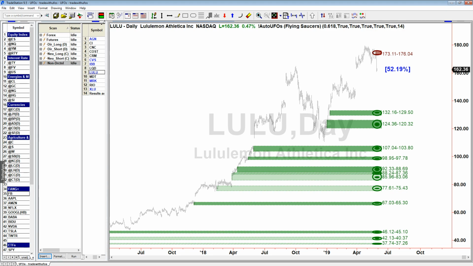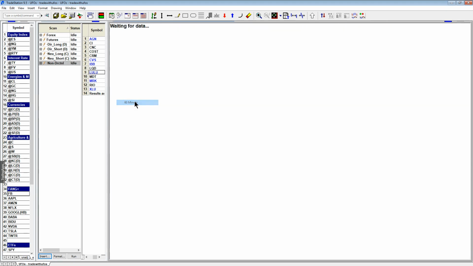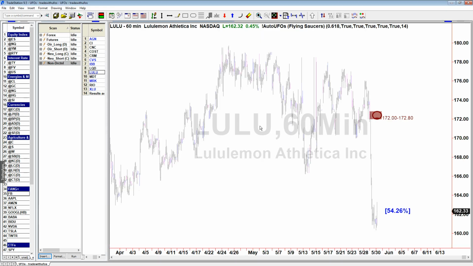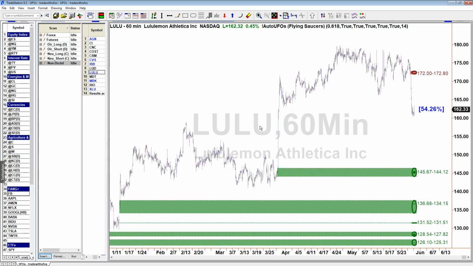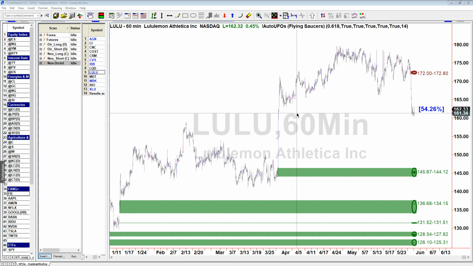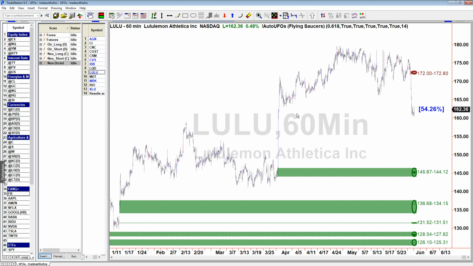Now going back to 60 to see pre and post market data. So what do we have? Yes, we seem to have UFOs. Unfortunately, very far down at 145. And probability is 54.